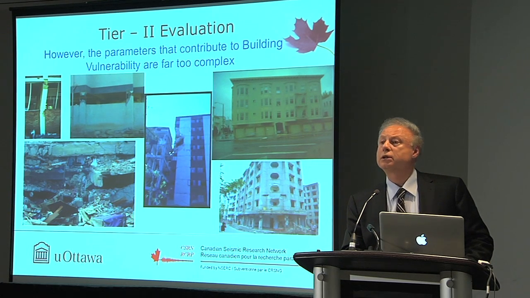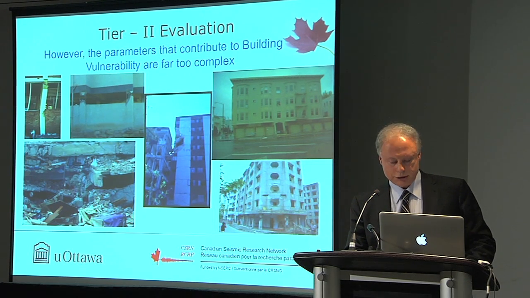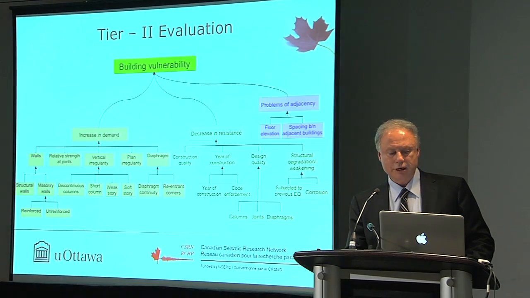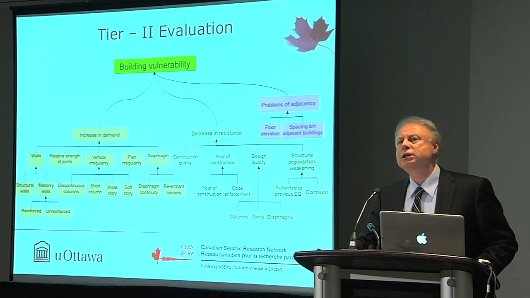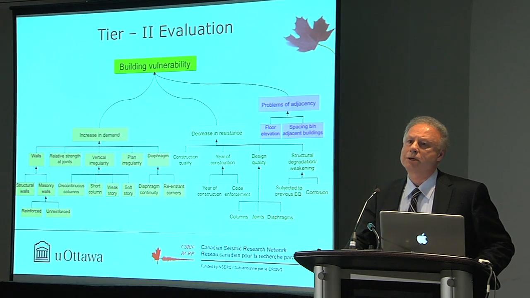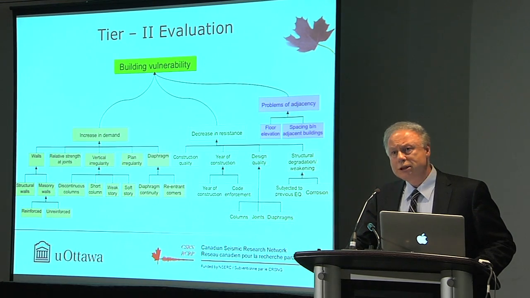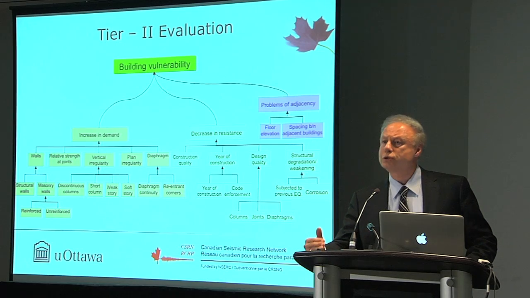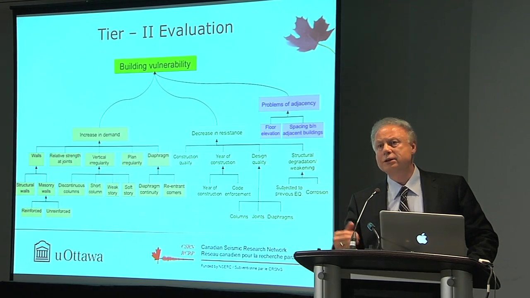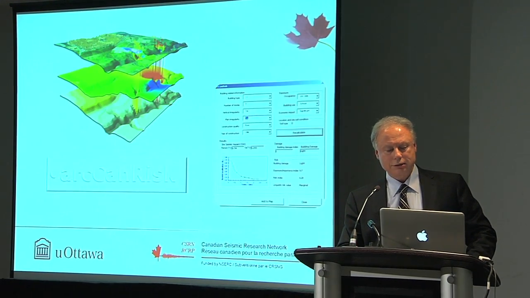Upper right corner, you see soft stories, and the lower right is a picture that I took in China that also has a soft story. I'm not going to go through this. It just means to say that in Tier 2 evaluation, you do a finer assessment, with finer details.